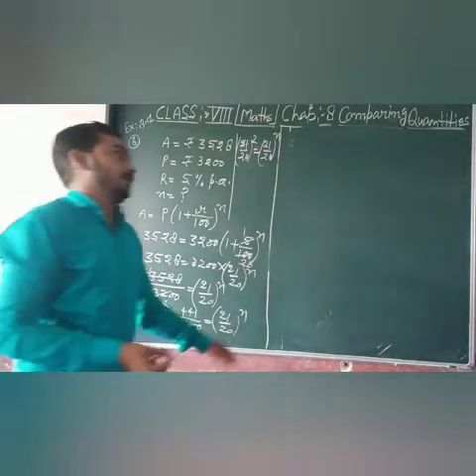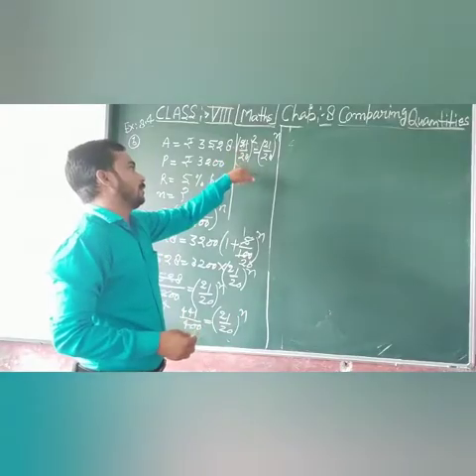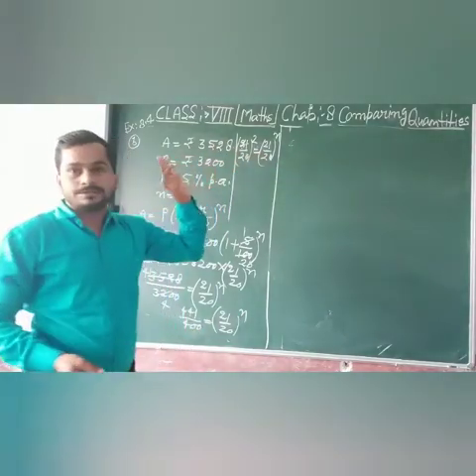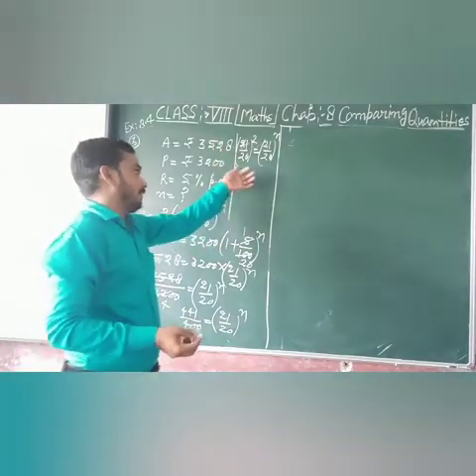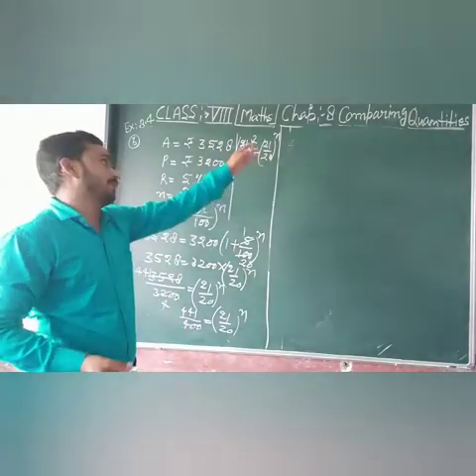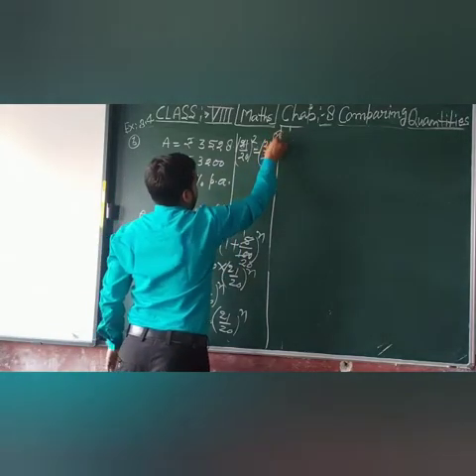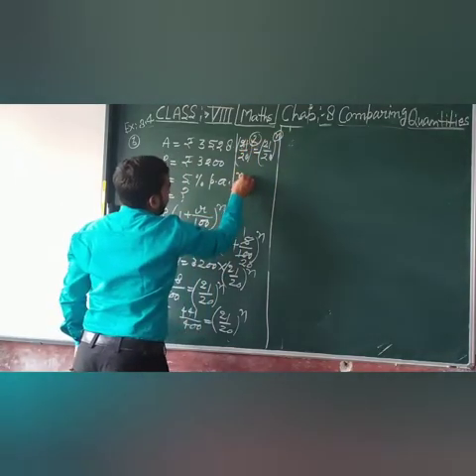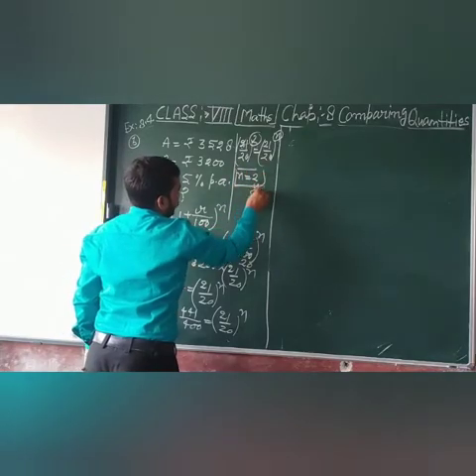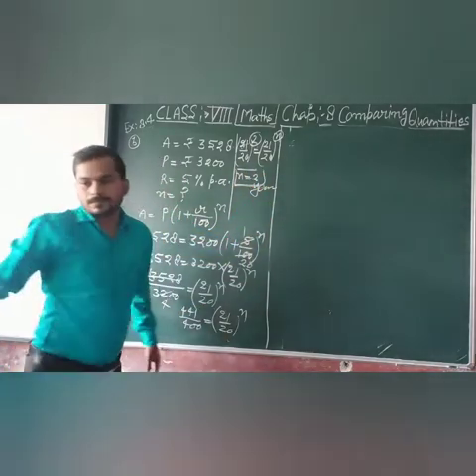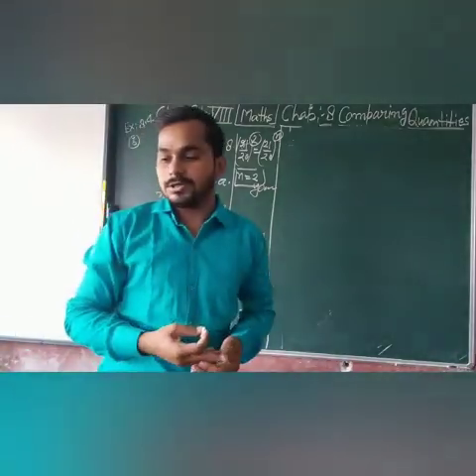Now both sides have the same base, 21 upon 20. According to the law of exponents, when we have the same base, we compare the powers. So n equals 2, that means time equals 2 years. So the second option is correct.